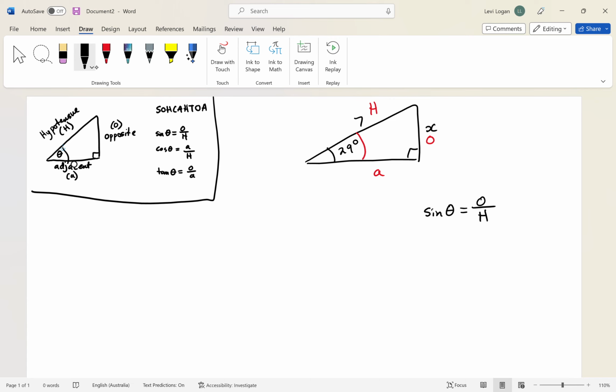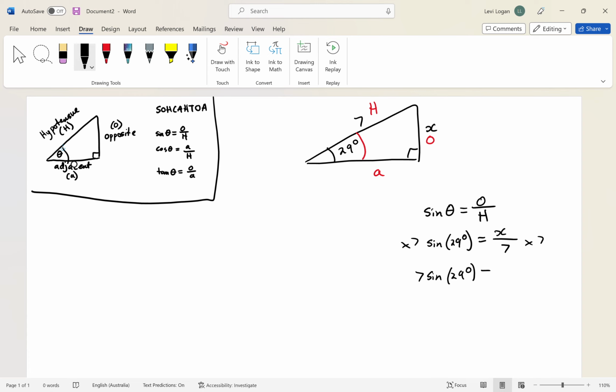So filling this out, our angle is 29 degrees, so sine of 29 degrees is equal to, our opposite is x, divided by our hypotenuse is 7. Okay? So to get x by itself, we just need to multiply both sides by 7. So therefore, 7 sine of 29 degrees is equal to x.